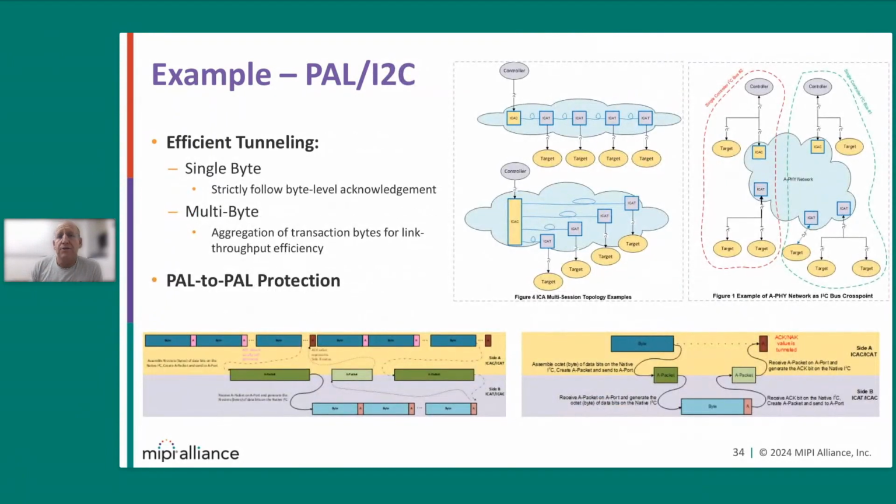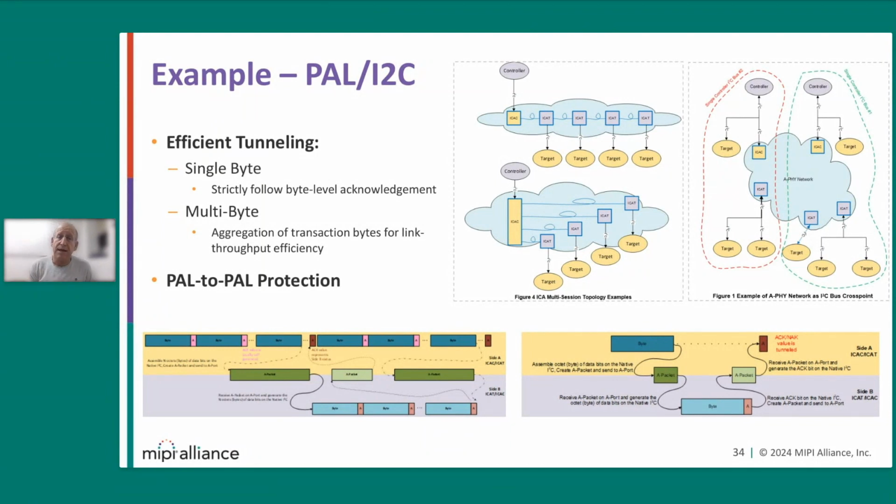Again, in the I2C adaptation layer, there are two modes. The single byte mode gives you very strict control over the acknowledge of each and every byte, but in turn it depends on the round trip delay.